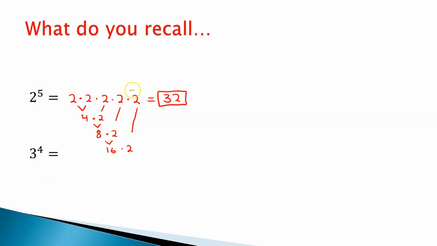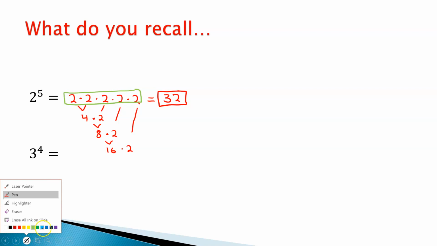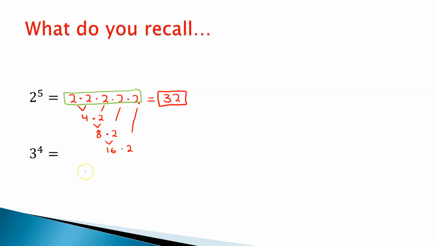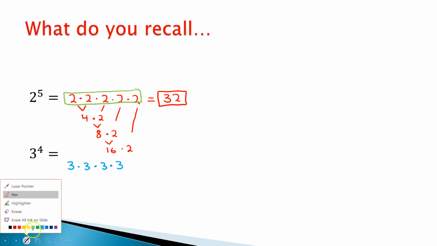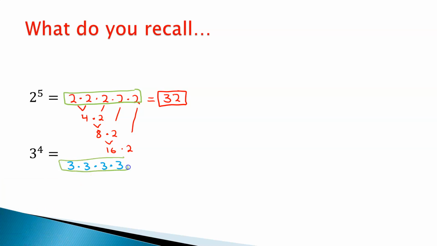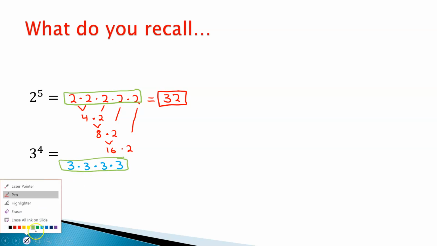But what I wanted you guys to focus on and get out of it is this part here, the expanded form. What does it actually mean to have something to some power? 2 to the fifth power. Very similar over here, I kind of ran out of space since I started multiplying. But 3 to the fourth power, what does that mean? That means you have 3 times 3 times 3 times 3, 4 times. And again, that is the expanded version of that. Since these are nice numbers, we could actually go through and multiply.